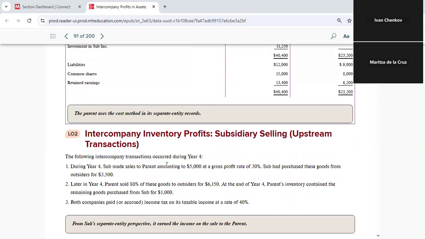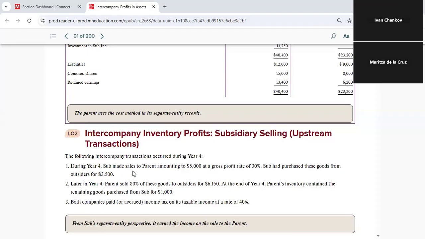Then we see in the inventory purchases, the following inventory transaction happened in year 4. During year 4, the subsidiary made sales to the parent amounting to $5,000 with a gross profit of 30%. The subsidiary had purchased those goods from the outside for $3,500.